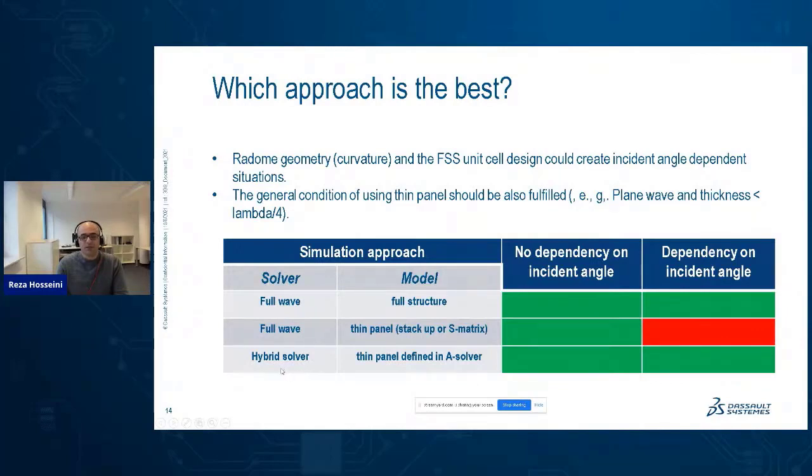The third option that I considered in this investigation is the hybrid solver, which I'm going to talk about later. So basically between a transient and asymptotic solver, and then the SimPanel defined in asymptotic solver where we could have a table for different angles. And in that case, that problem of dependency on incident angle could be solved.